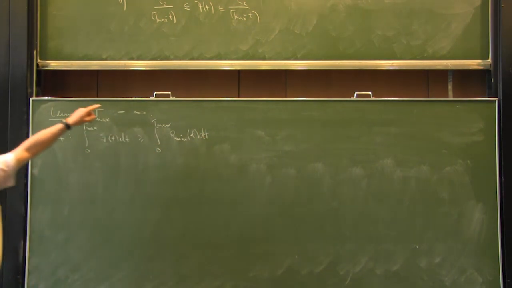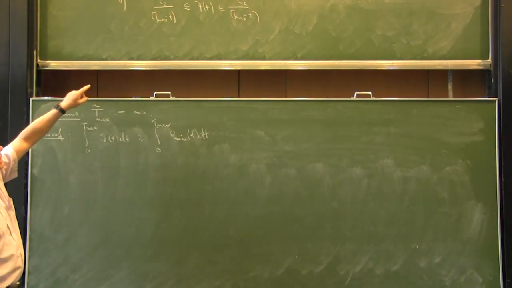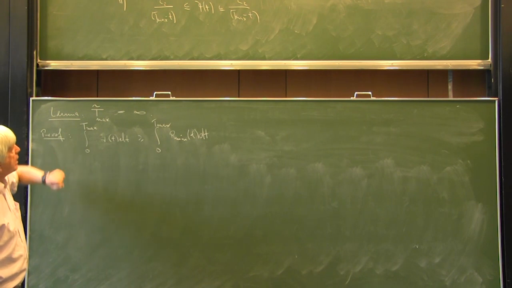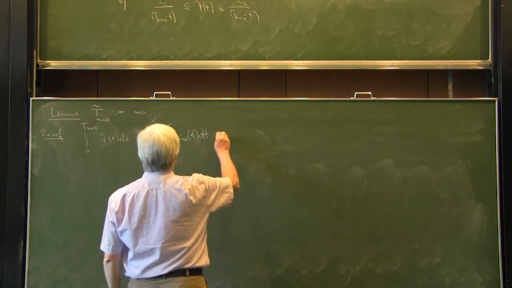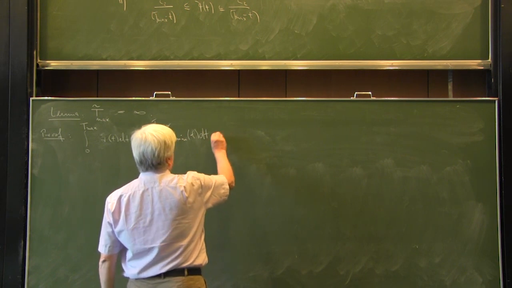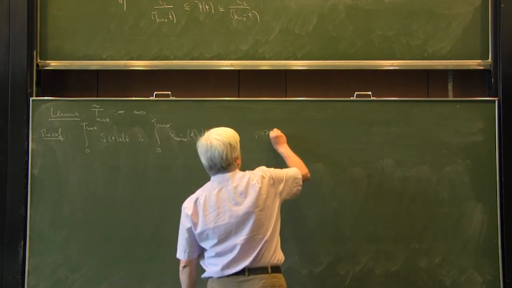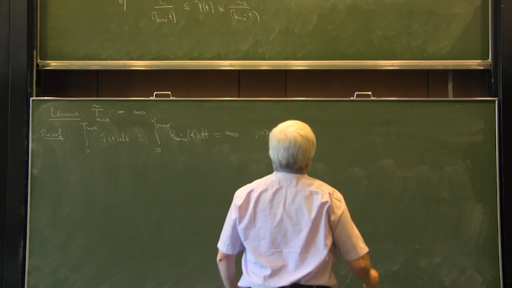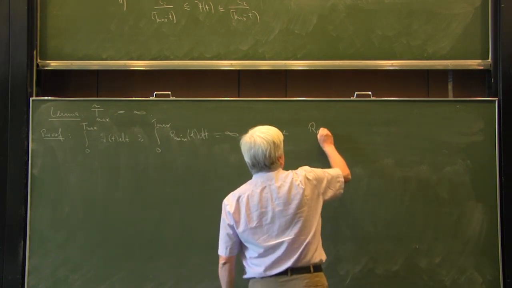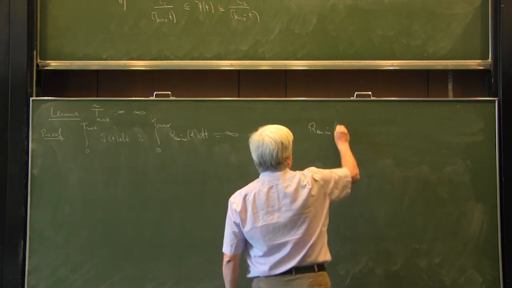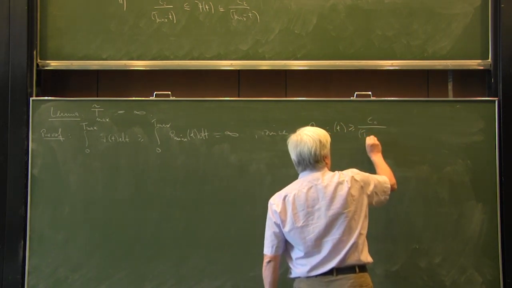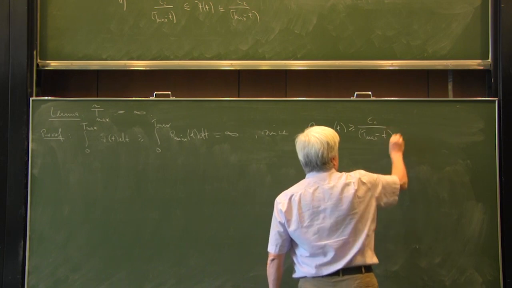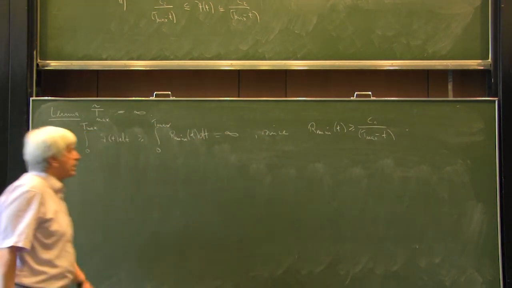And since the minimum is bounded from below, this is infinite, since the minimum of the scalar curvature was bounded below by some constant divided by T max minus T. So you get this logarithmic blow up.